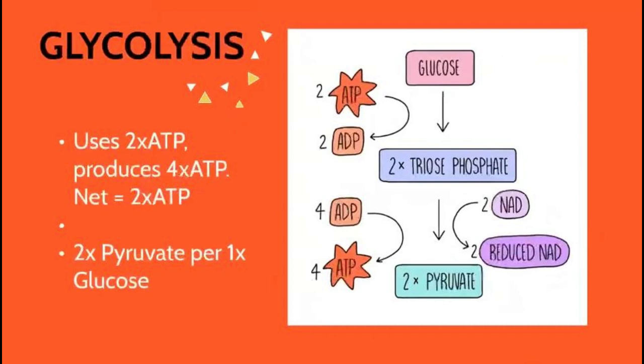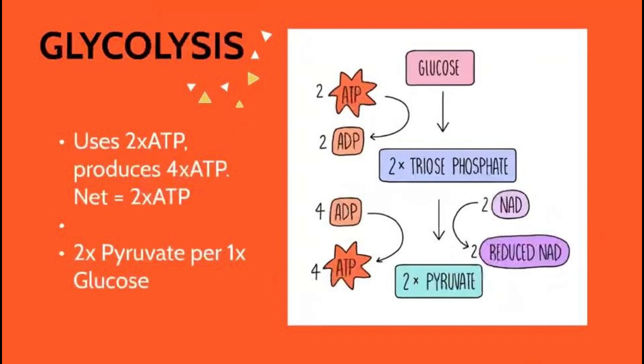The ATP becomes ADP, so it loses a phosphate group, and that phosphate group is then consumed by the triose phosphates. Then you get a second reaction from 2 triose phosphates to 2 pyruvate molecules. Again, that requires 4 ADPs to be made into 4 ATPs. In addition, you also get reduction of NAD to NADH.